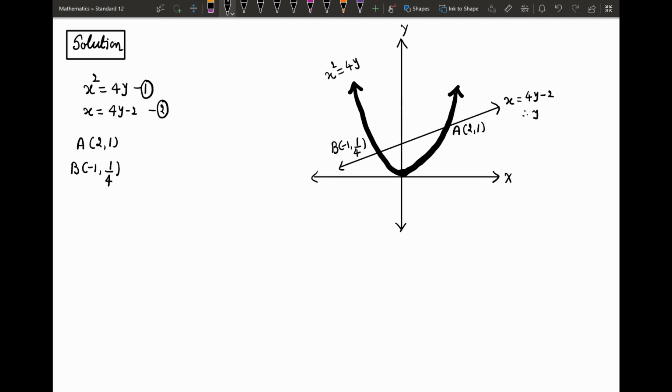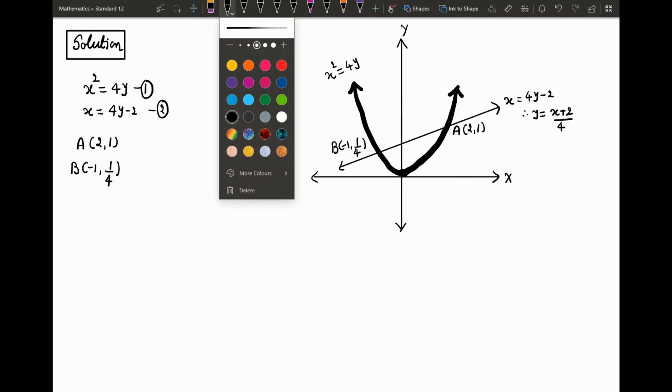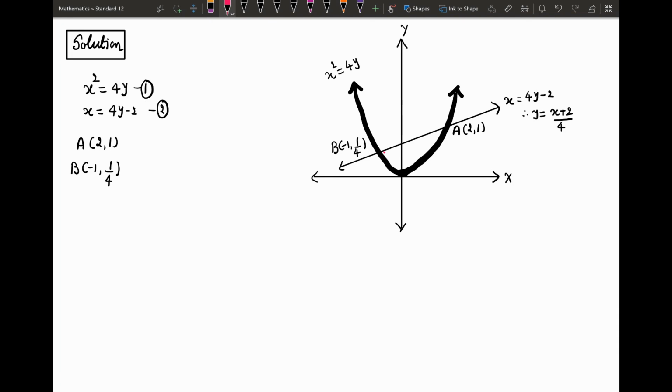Therefore y equals (x plus 2) by 4. Now we have to get the area of this portion.